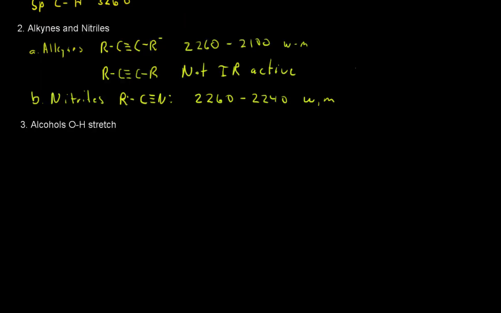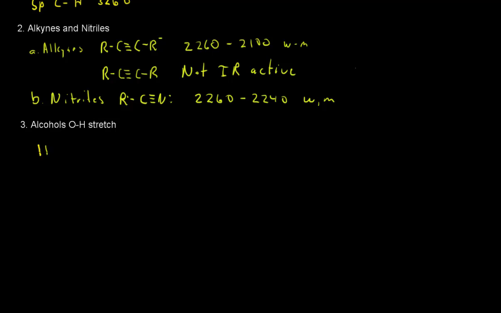The next functional group we'll look at are alcohols and the OH stretching frequency, which is really diagnostic in infrared spectra. If you're thinking about an alcohol, one of the first places to look, maybe the first place to look, is an infrared spectrum. To begin with, most alcohols are hydrogen bonded.